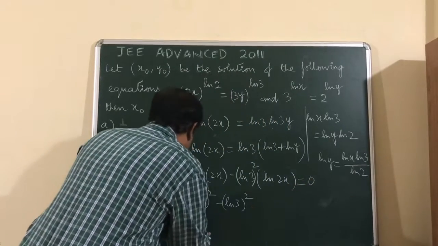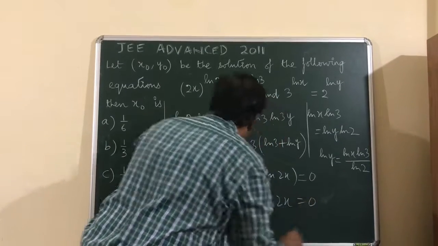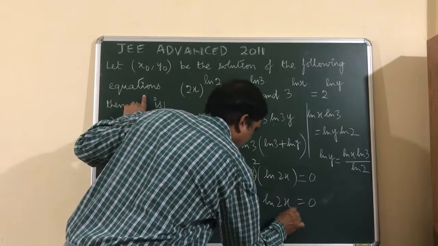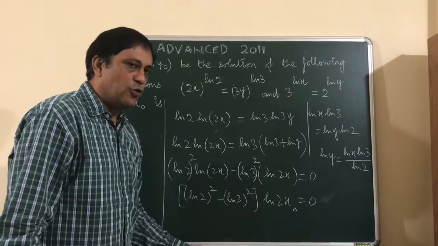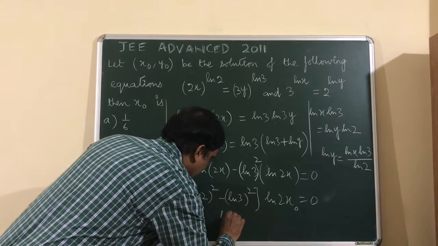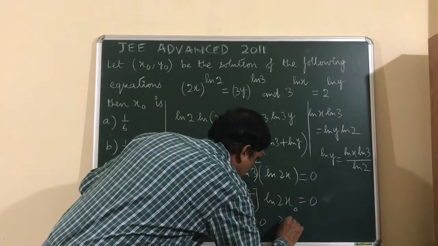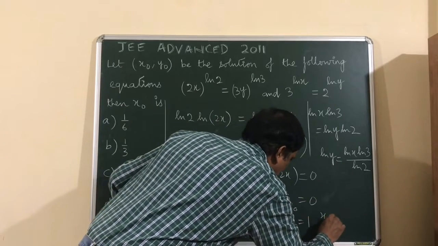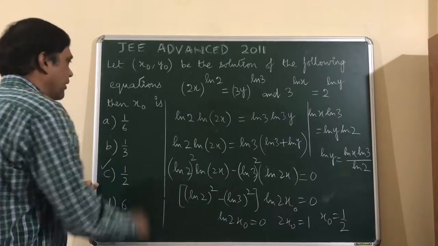And this ln 2x is our x naught, so I'll write it as x naught there. It's not possible that ln 2 is equal to ln 3, so we have to write that ln 2x naught is equal to 0. That means 2x naught has to be 1, so x naught is equal to half. So option C is correct.